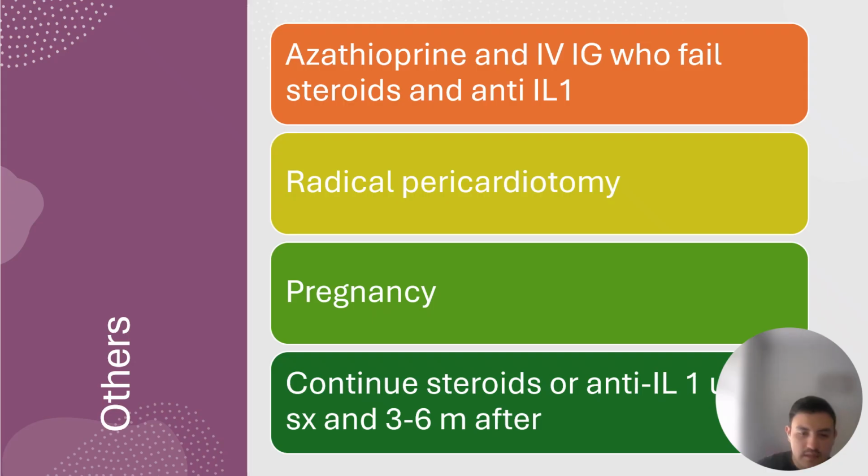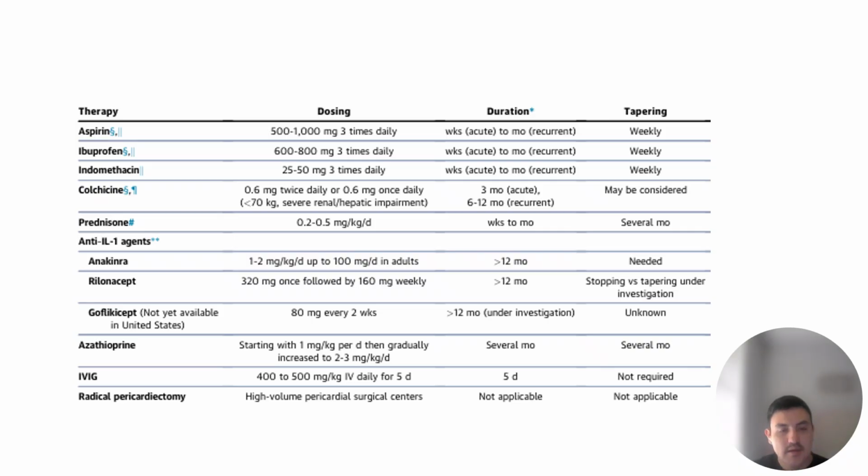And if you are going to do surgery, this radical pericardiectomy, continue this treatment, steroids or anti-interleukin 1, for at least 3 to 6 months after the surgery. Right before the surgery you stop it, and 3 to 6 months after you continue. And these are the doses that usually are recommended.